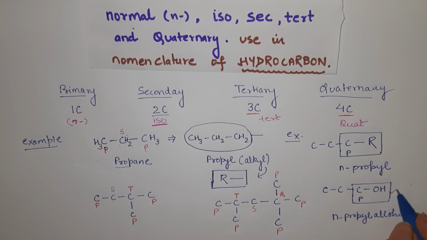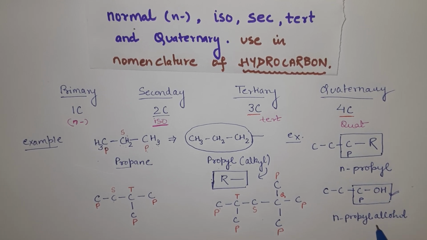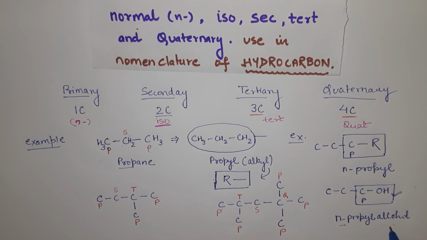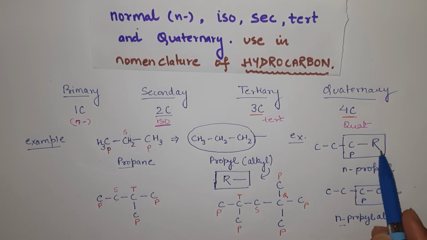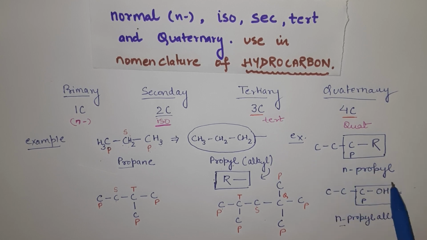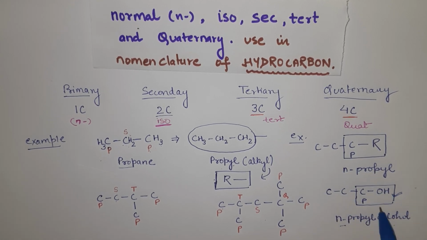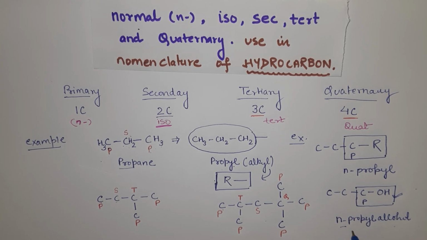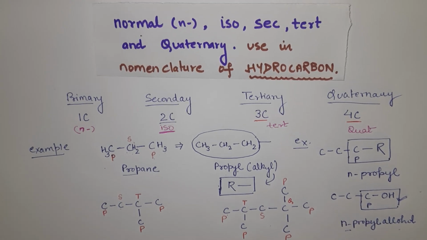Depending on the name of the functional group, we write the complete name like this, N-propyl alcohol. If only an alkyl group is attached to a chain, so the name will be N-propyl, or if any functional group is added, so the name will be N-propyl alcohol.